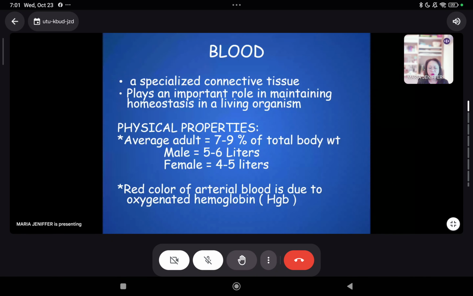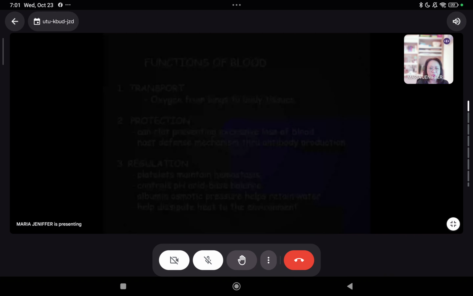Okay, so we all know that the blood is a connective tissue. It is red in color. The arterial blood is red in color due to the oxygenated hemoglobin.